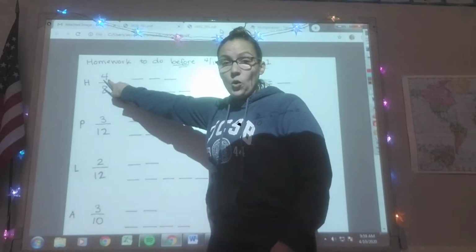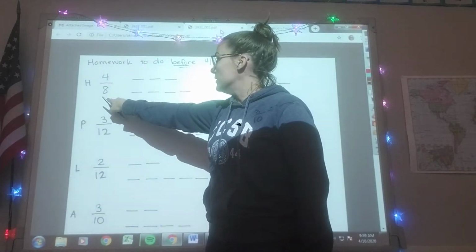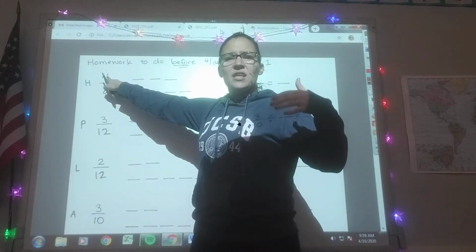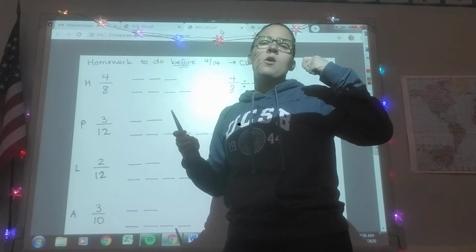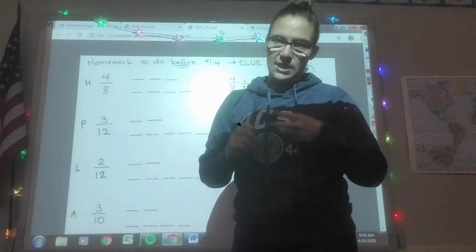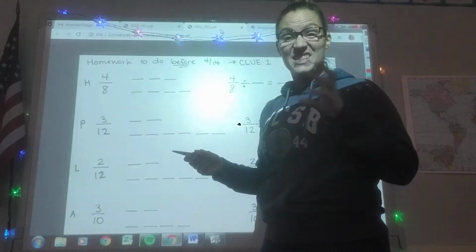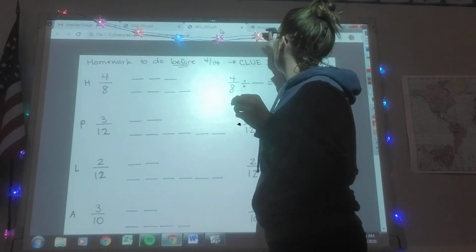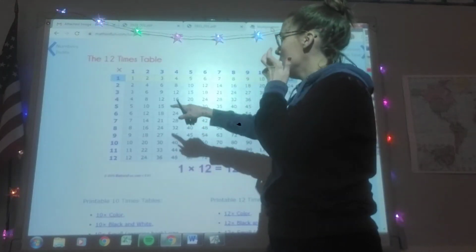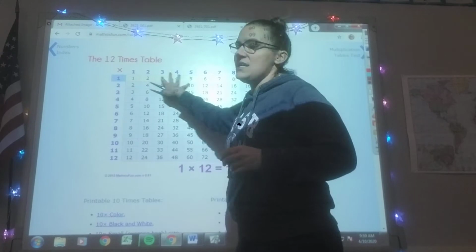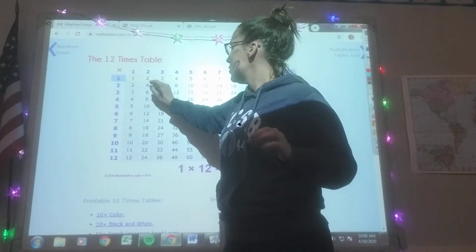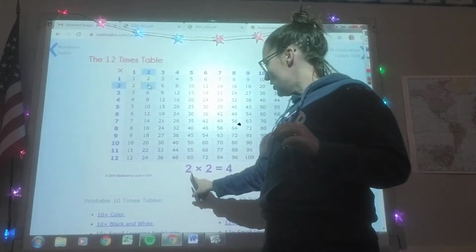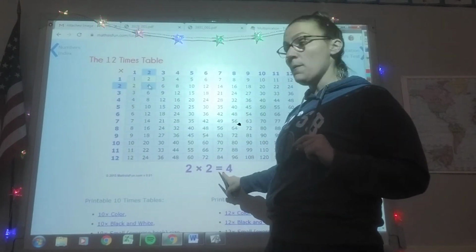We're looking at 4 and we're looking at 8. We're looking at all the factors that make 4. Remember that factors are something like what times what equals 4. 4 is pretty easy because it's a small number, but we're going to look on the multiplication chart anyway. So remember, we're looking in this area to find out which factors equal 4. I see a 4 right here, and look, it says 2 and 2 make 4.